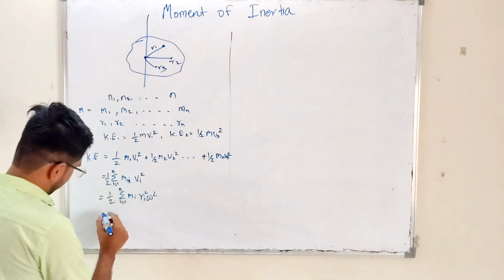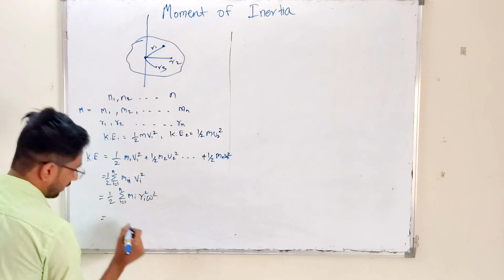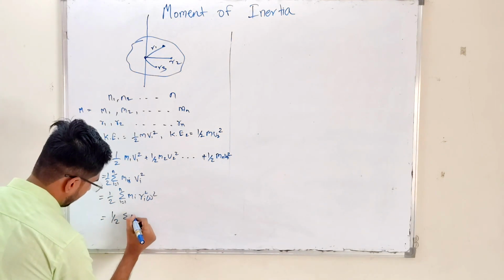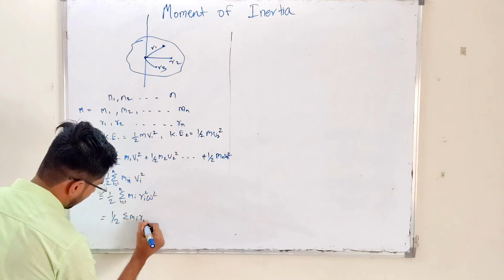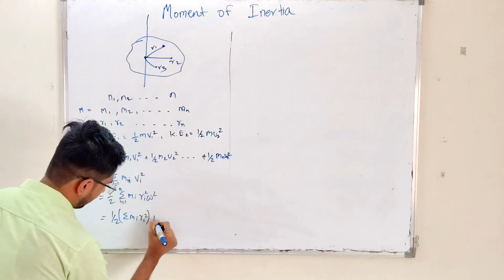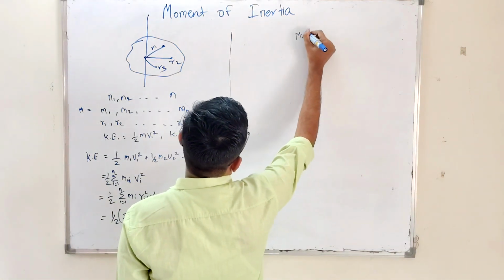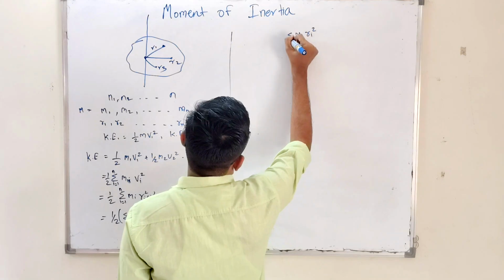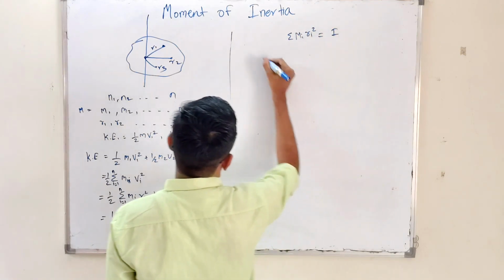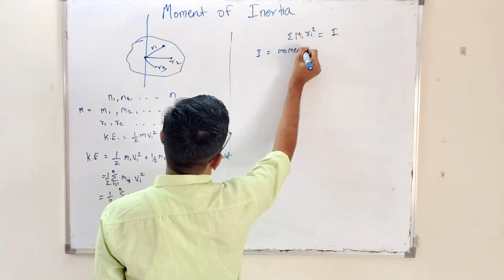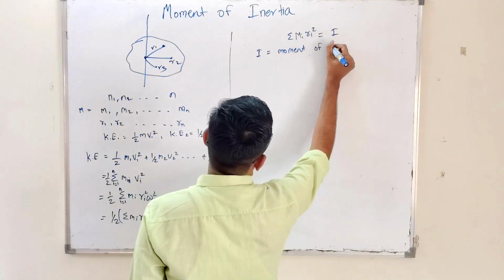And here we will define summation mi ri square as I, where I is your moment of inertia.